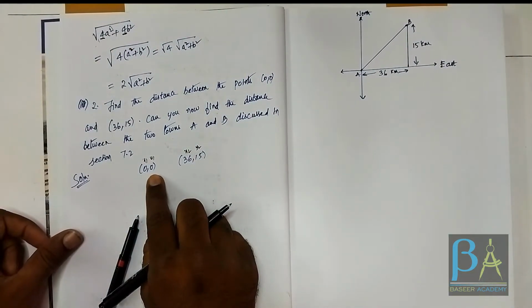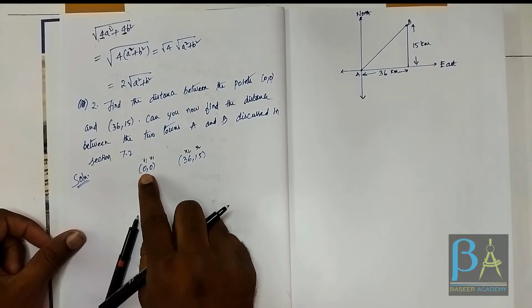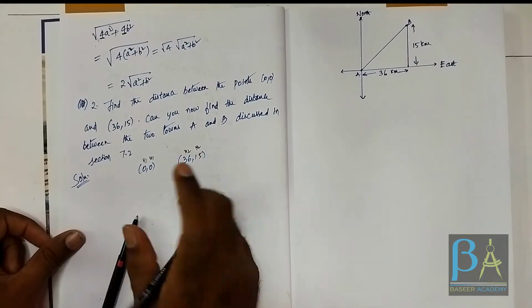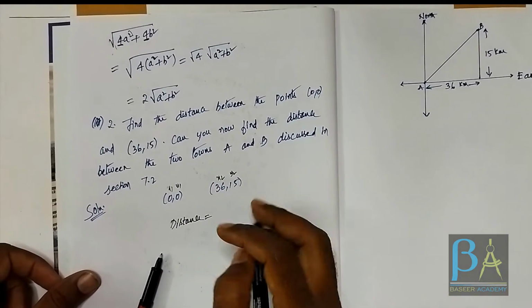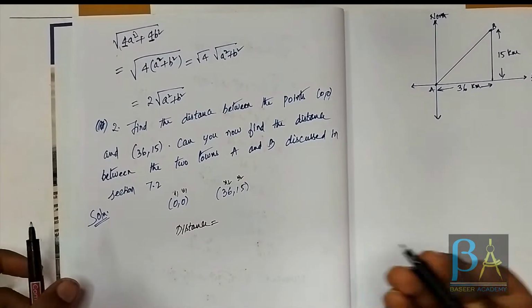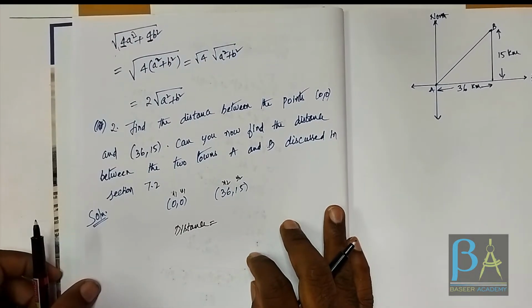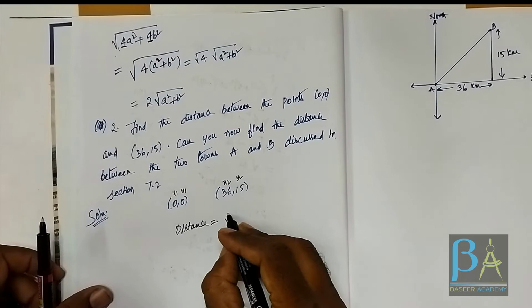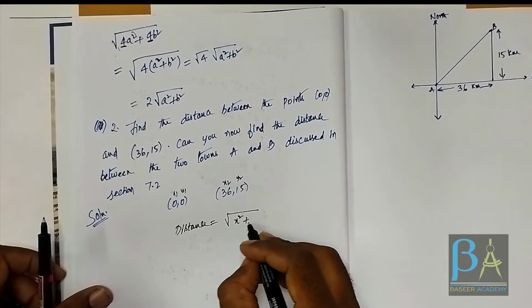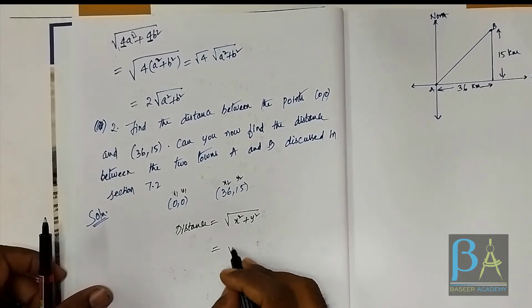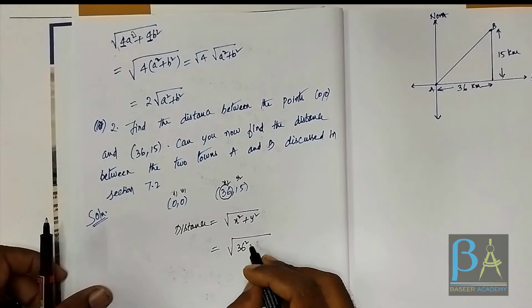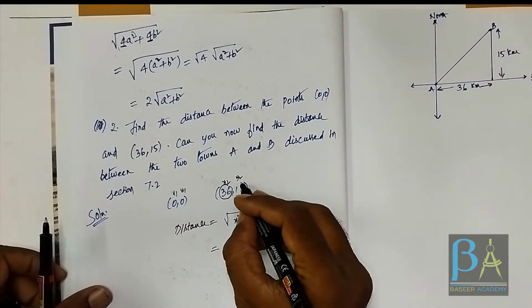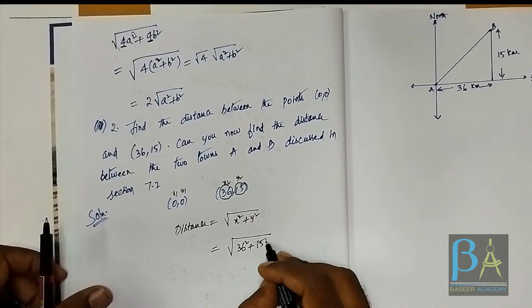The coordinates of the origin are 0, 0, and you know that to find the distance of a point from the origin, you can perhaps use a simple formula, a rather simple formula, instead of using the usual distance formula that we were using in question number 1. You can just use square root of x square plus y square, where x is 36 square as it is, y is 15 square as it is.